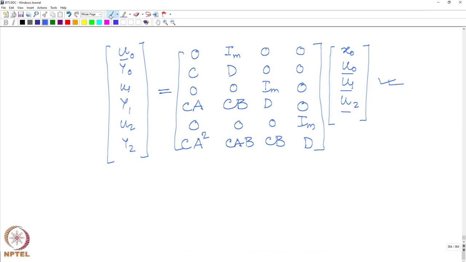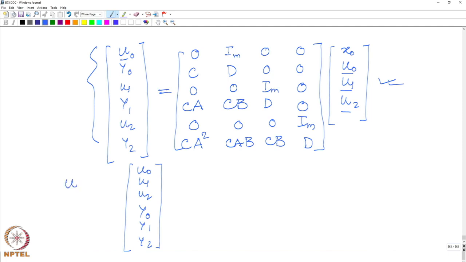How do I do this rearrangement? Well, I am going to first rearrange the rows here, because I want this to be u0, u1 and u2, and then y0, y1, y2. I have a shorthand notation for this.